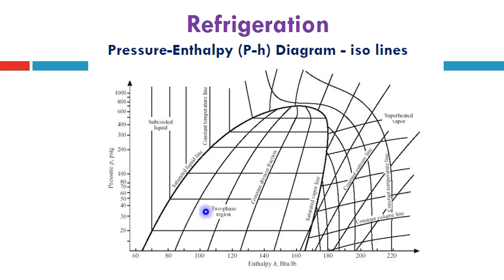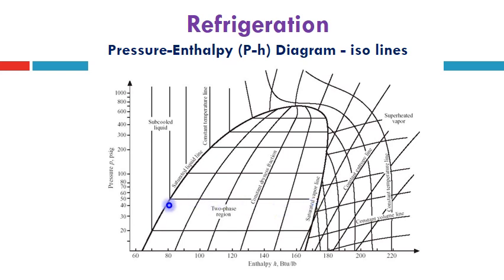Then the constant H process happens to reduce the pressure to the evaporating pressure, located somewhere here as given in our problem or according to the refrigerated space requirements, whether chilling, freezing, or refrigeration.